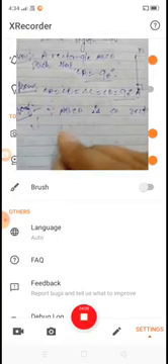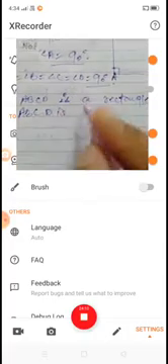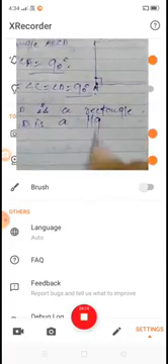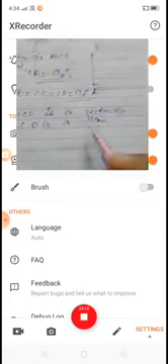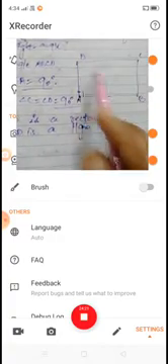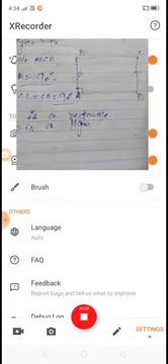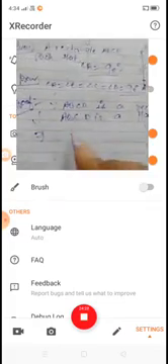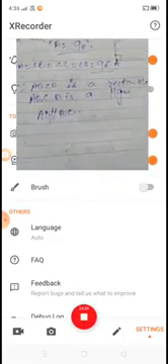Since ABCD is a parallelogram, this implies that opposite sides are parallel to each other. That is AD is parallel to BC.